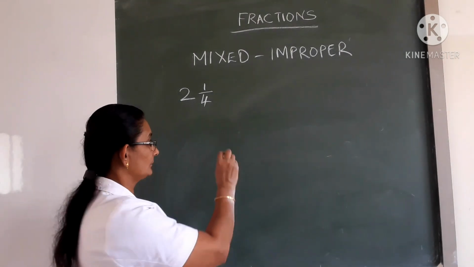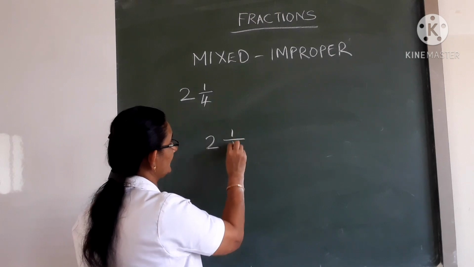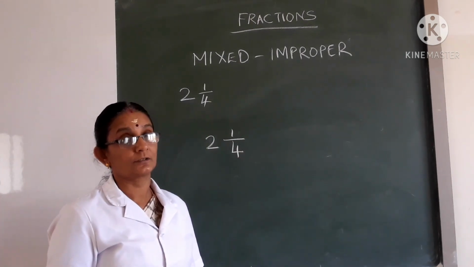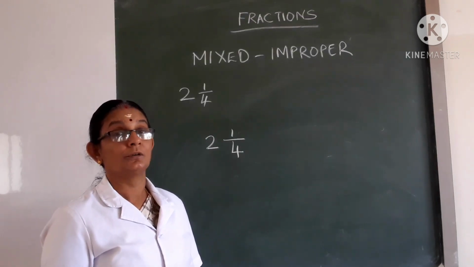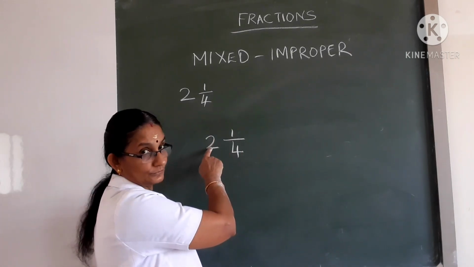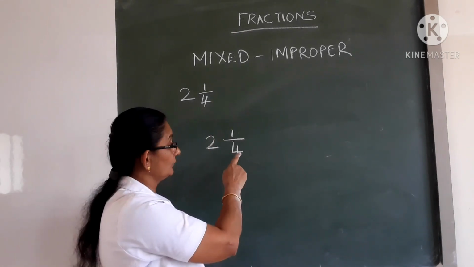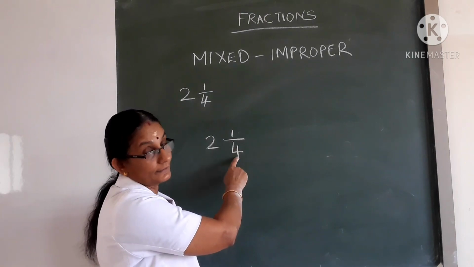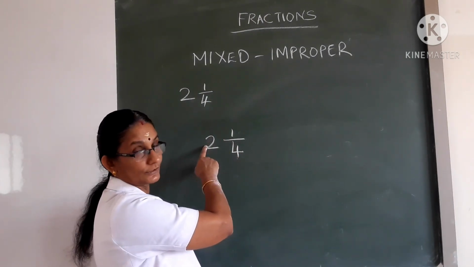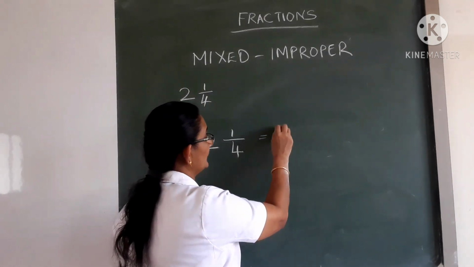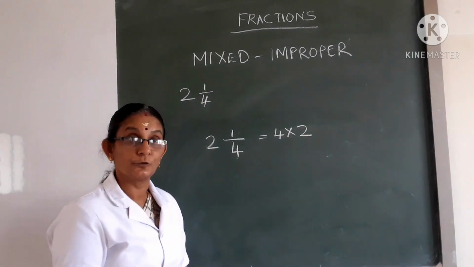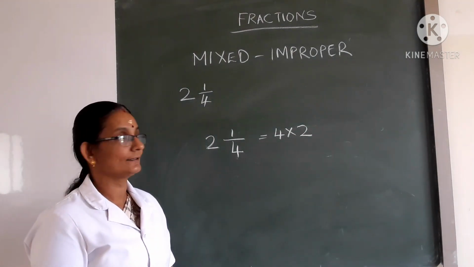To convert a mixed fraction into an improper fraction, we have to multiply 4 with 2. 4 is the denominator. We have to multiply the denominator with the whole part, which is 2. So multiply 4 into 2. And what is 4 into 2? 8, isn't it?